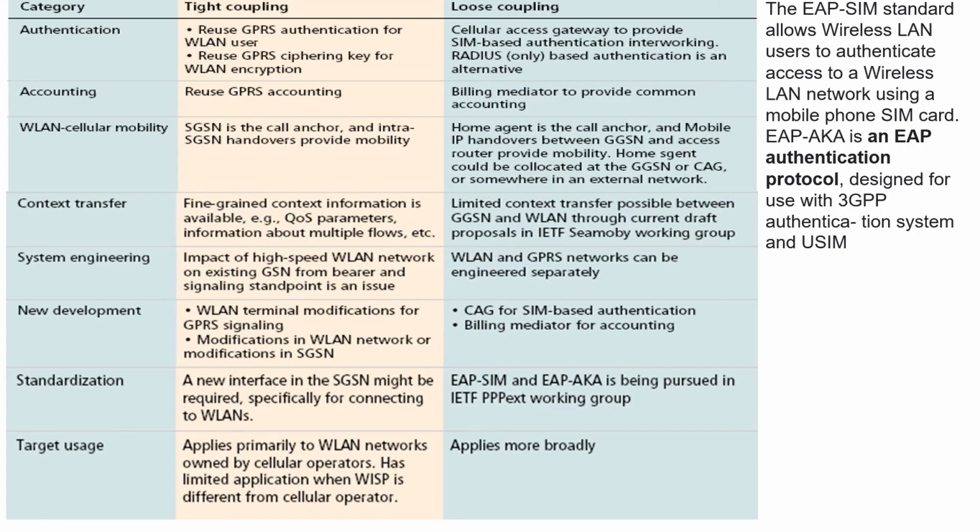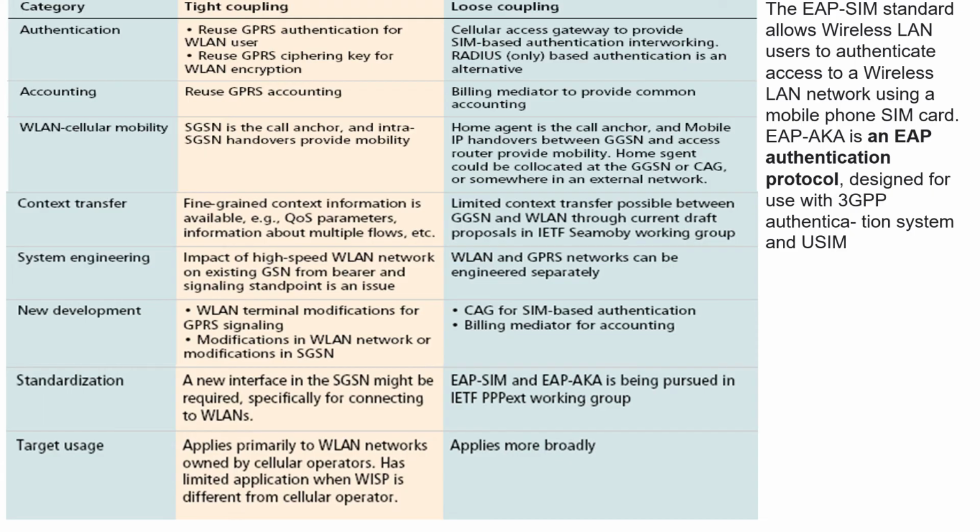For mobility, in the tightly coupled system, the SGSN is already taking care of this and will continue to take care of it. In the loosely coupled system, you have to incorporate the features of the home agent and foreign agent along with the interfacing node, so that it will take care of the mobility.